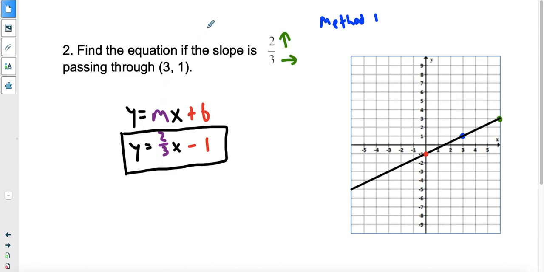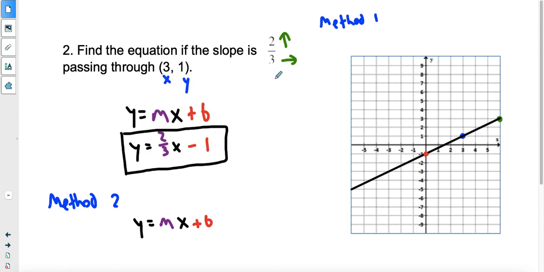Again, we saw another way we can do this. Method 2 was just plugging this information all into our equation. So let's try doing that. Because we know the slope is 2 over 3, and we know a point on the line. And this point tells us, again, when x is equal to 3, y is equal to 1.